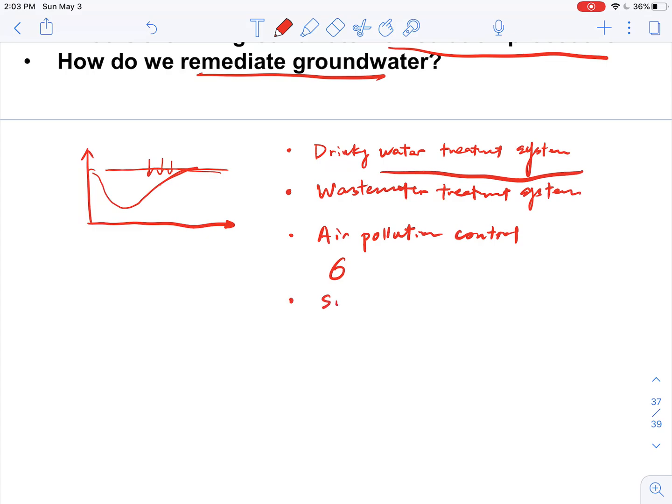And finally, we talk about the solid waste. We talk about how we should recycle either the material or energy coming out of the solid waste, or how we can design the landfill to store the solid waste.